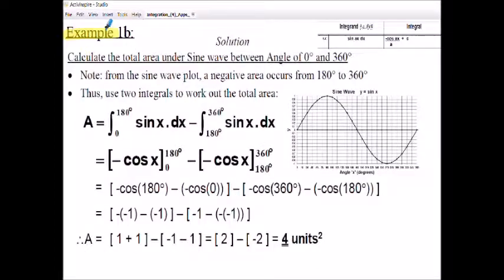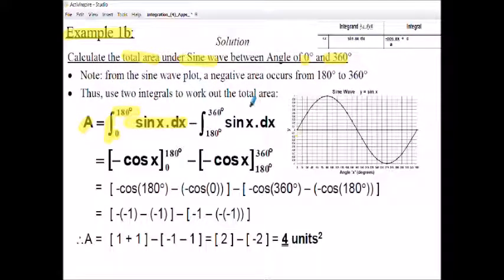Continue with example 1b here. We're going to now calculate the total area of the sine wave between 0 and 360 degrees, and I need to break the problem down into 2 separate integrals. So to find the area, my first integral will be of the sine x function with respect to x between the limits of 0 and 180.